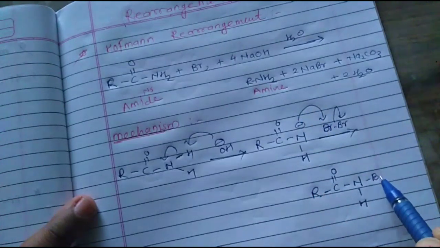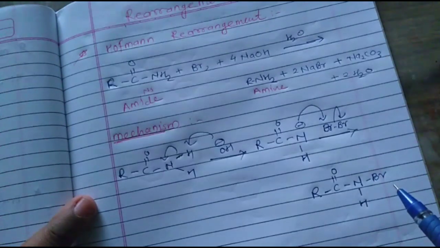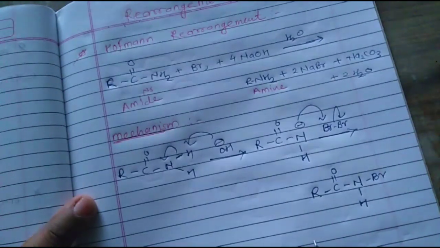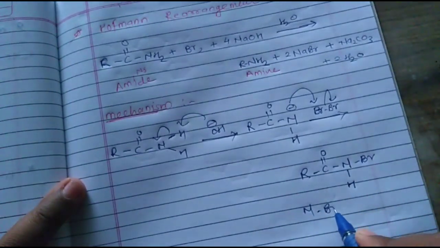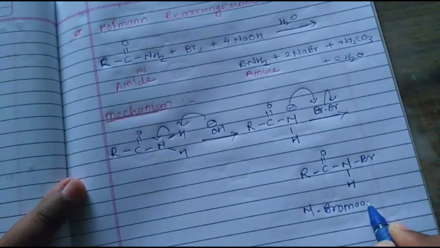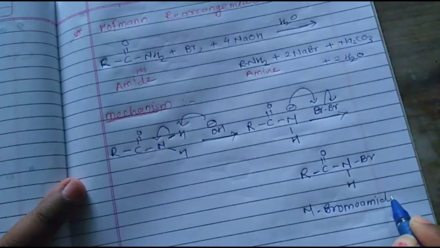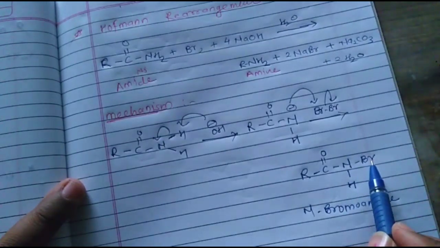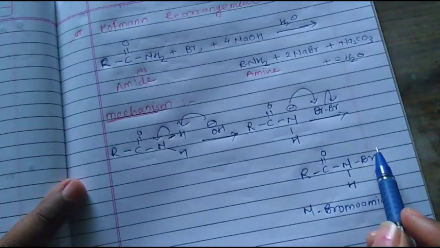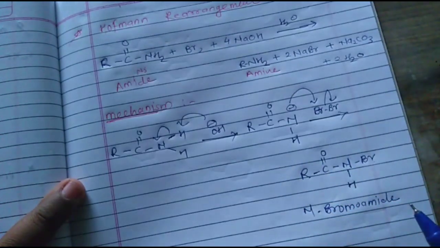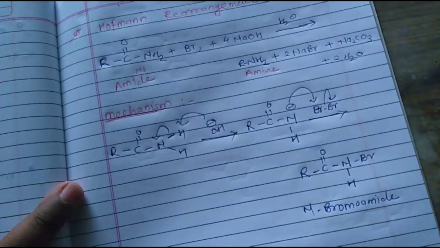There is a bond formation between the nitrogen and the bromine. This is called N-bromoamide. The bromine group is attached to the nitrogen, that's why it is called N-bromo, and this is the amide compound. That's why it is called the N-bromoamide. This is the first step.